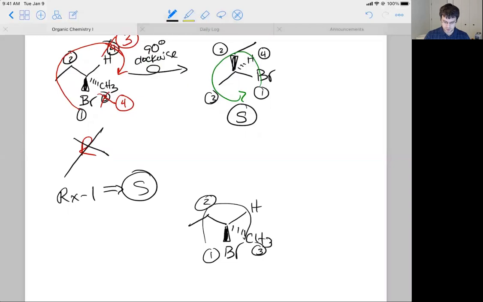So if I drew it this way and said R times -1 equals S, that's not really that good, because I could have just as easily drawn it this way, in which case you might be inclined to make your arrow this way and take the opposite, and it's R.